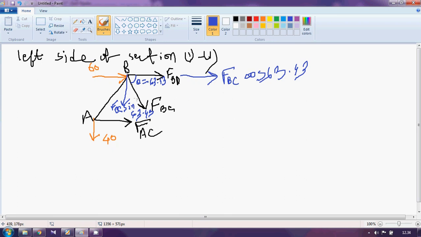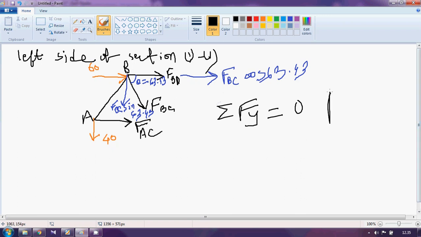If I take summation Fy, then I have only one vertical force and the 40, so I can easily calculate FBC. You have to be very cautious and see whether you will take summation Fx or summation Fy. In this case, if I take summation Fy, there will be only one unknown, which is FBC. This force I need to calculate, correct?